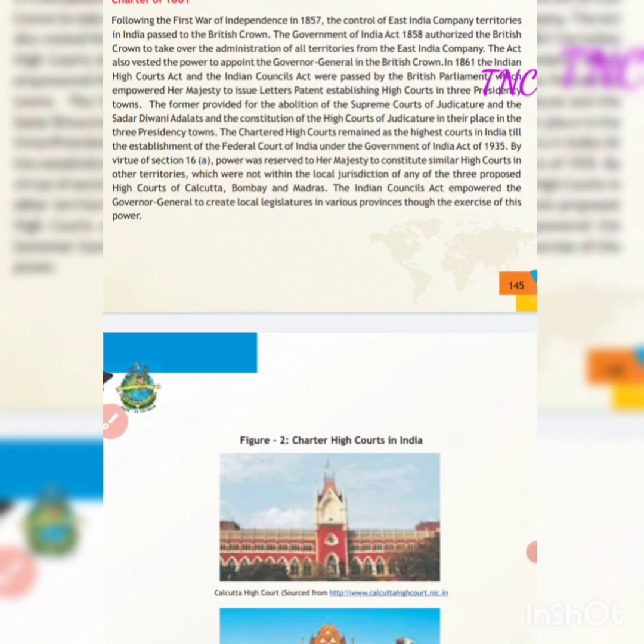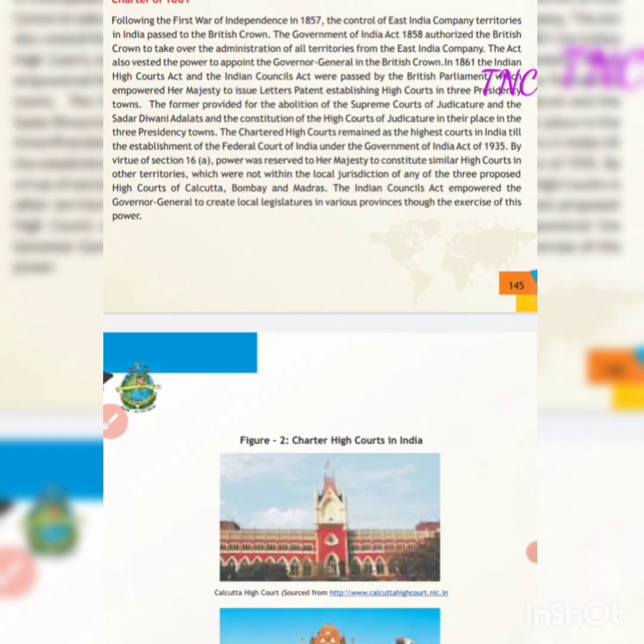Now, according to this High Courts Act, passed in 1861 by the British Parliament, all those Supreme Courts in the 3 presidency towns were abolished, and in their place High Courts were established. So you see, Supreme Court gone, High Court came.